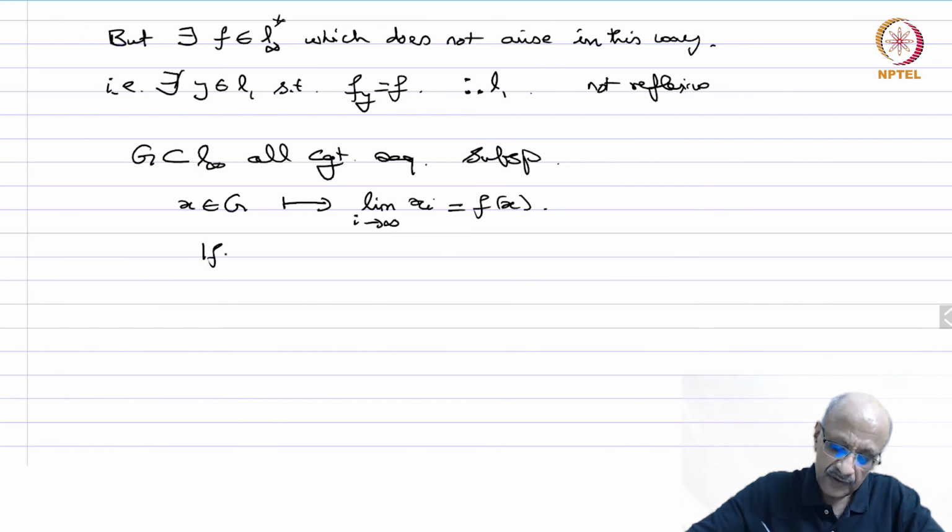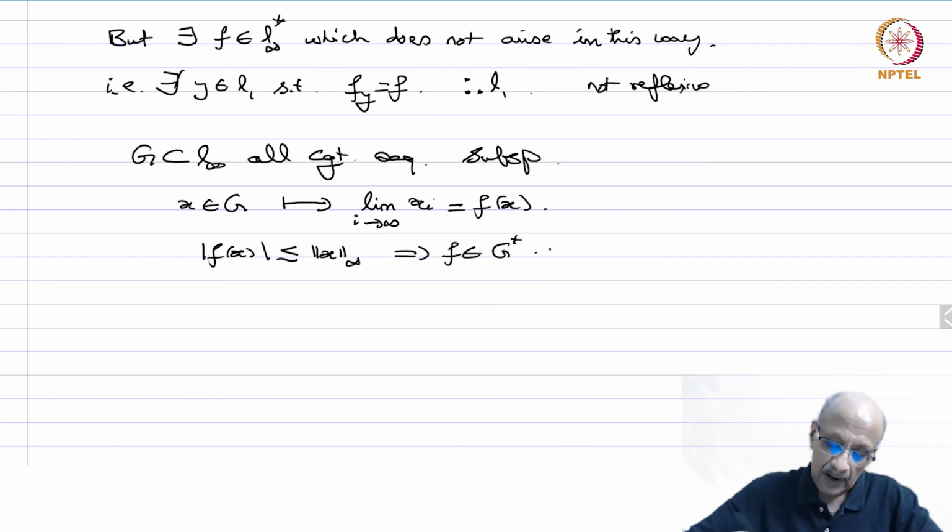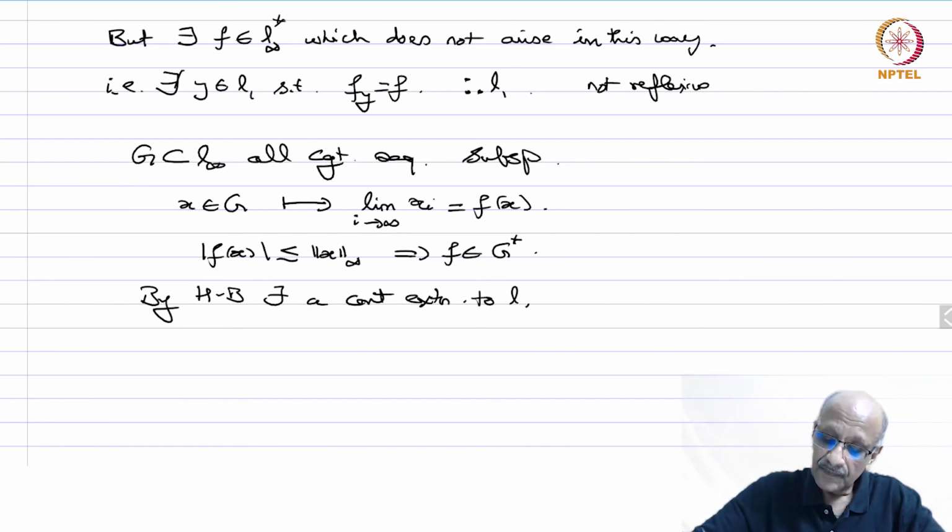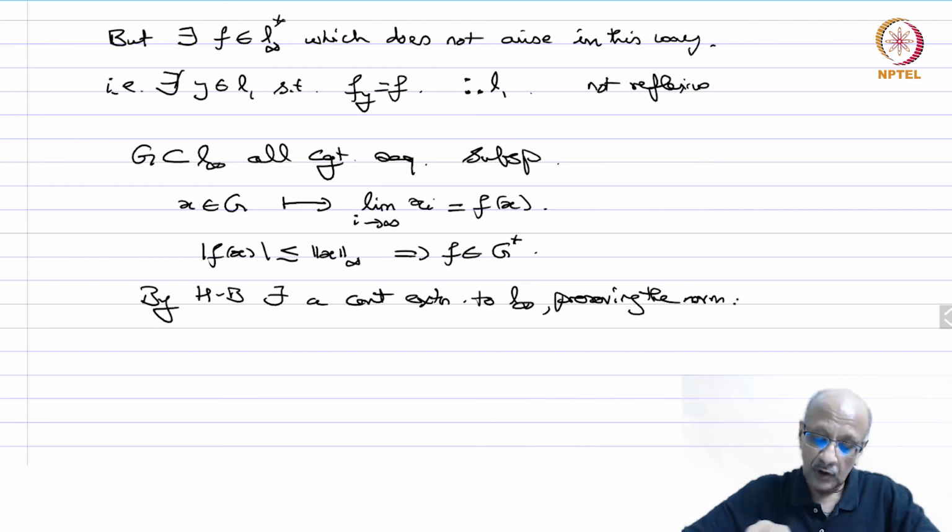Then mod f of x is less than or equal to norm x infinity, and therefore f belongs to G star. So by Hahn-Banach, there exists a continuous extension to L infinity preserving the norm. Let us continue to call that f.